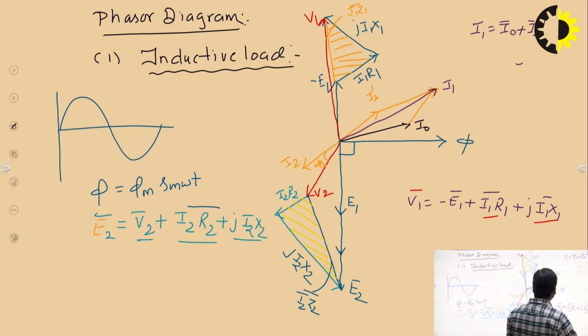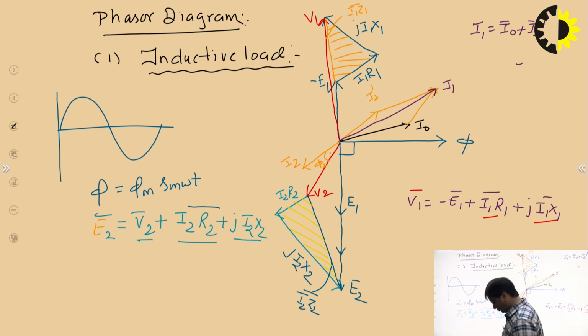So in totality, this is the phasor diagram of the single phase transformer for inductive load, in which the current will lag the voltage by some angle. It depends upon the load. So I2 is lagging behind this voltage by some angle phi 2, and the power factor is cos phi 2, the power factor of this particular load. So this is for the inductive load.